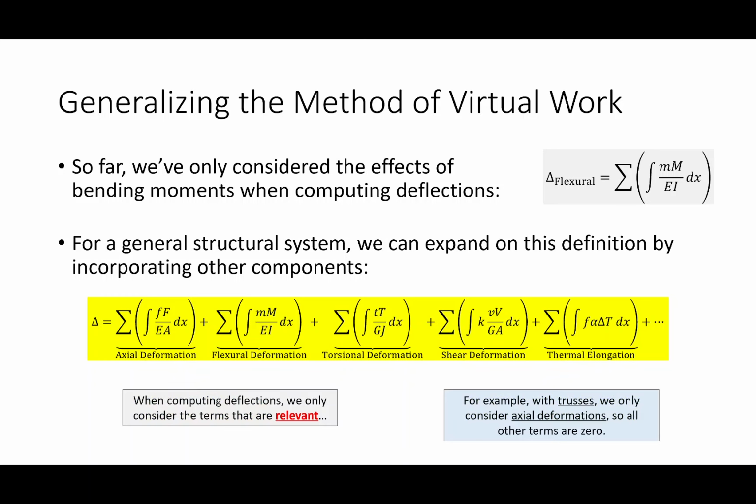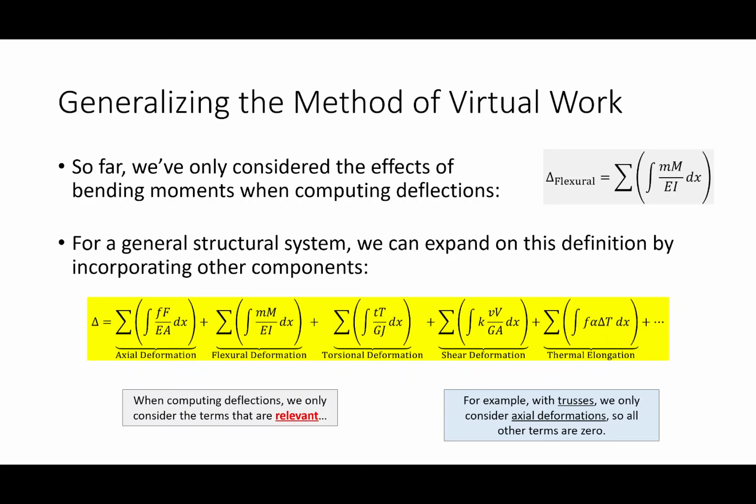Okay, and the idea is that when we compute deflections, we would only consider the terms that are relevant. Like in reality, every structure deals with all of this, right? I don't care how well you fabricate that truss. No truss is fabricated such that all the centroids perfectly coincide.